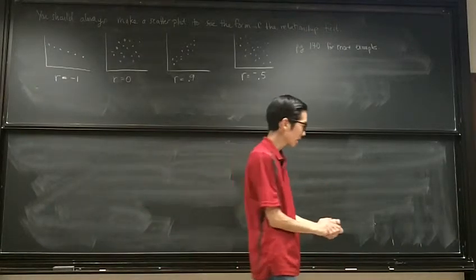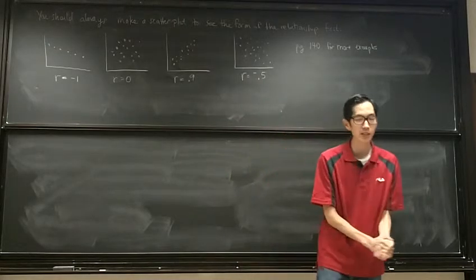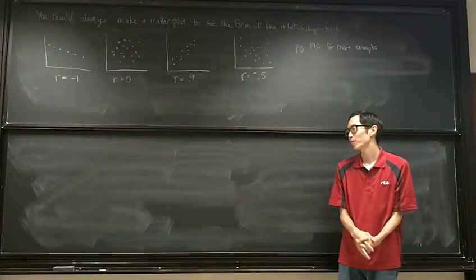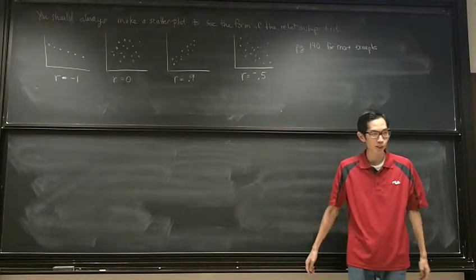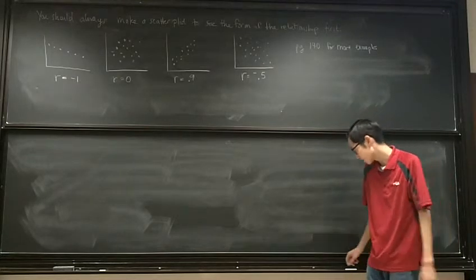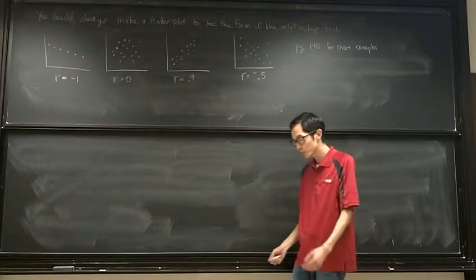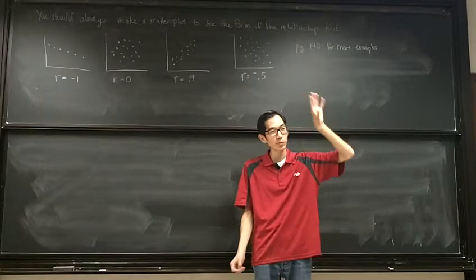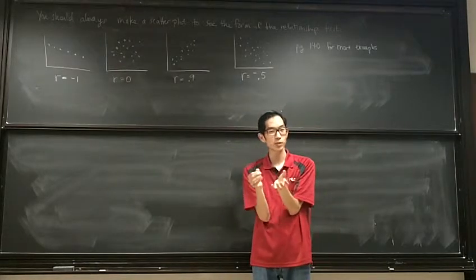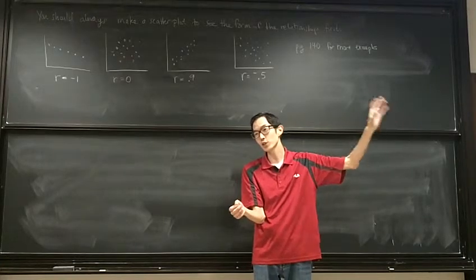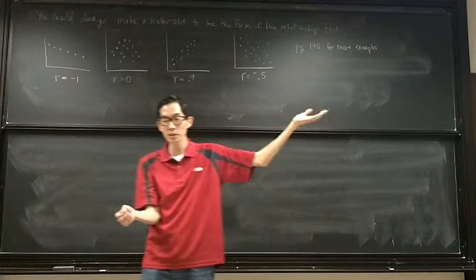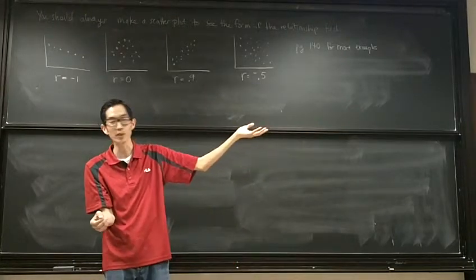And truth be told, almost no one finds the correlation coefficient by hand, unless it's for some kind of exercise. Normally we just take our two numeric variables, the pairs of points, and we give them to a computer or some kind of program, and we say, please calculate the correlation coefficient for me, okay?